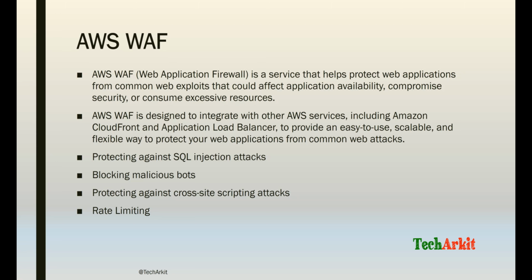The web application firewall can be used to limit the rate of requests to your web applications, helping to prevent denial of service attacks. For example, in DDoS attacks they run bots that create numerous traffic. But with rate limiting, if multiple requests come from the same IP range, it will automatically deny them.